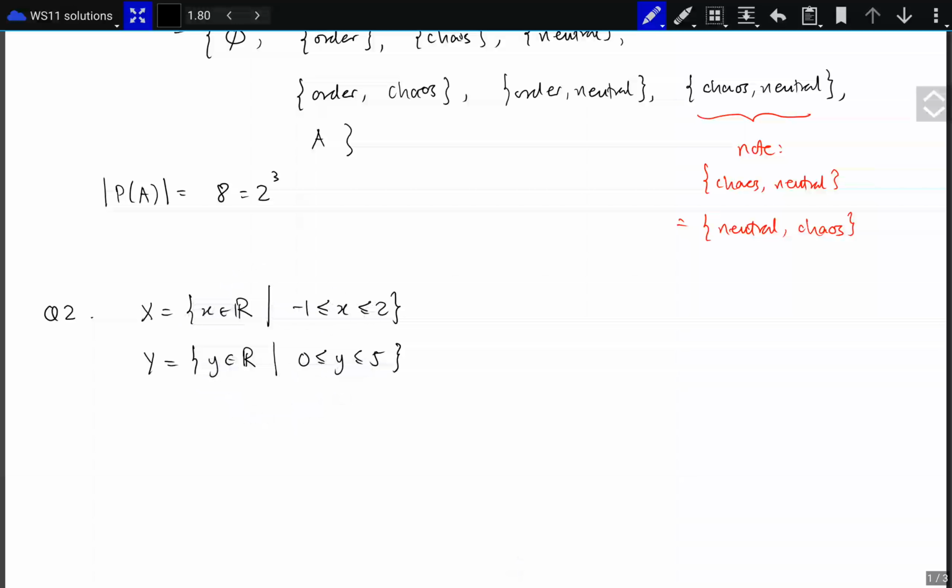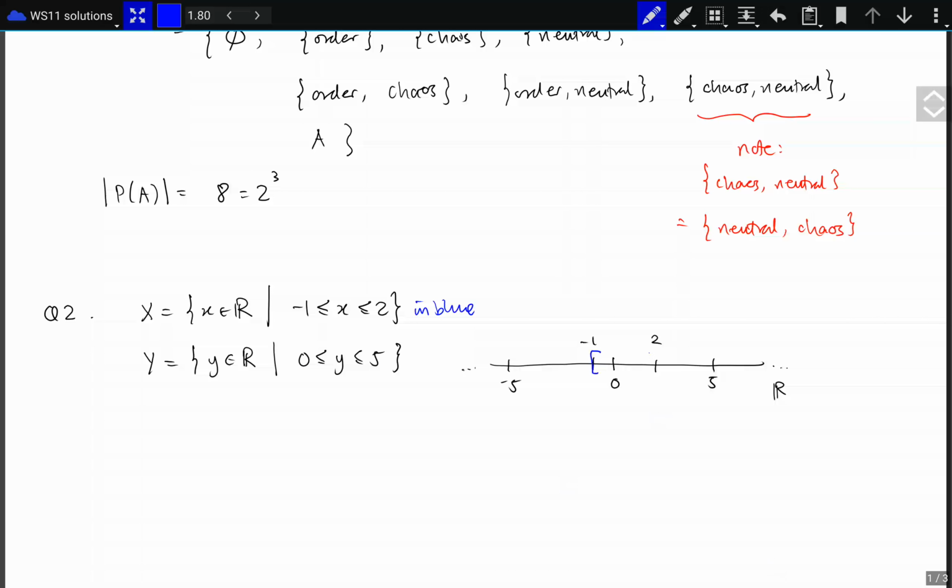If you drew a picture of the real line, remember it goes off in both directions. Say there's 0, let's say there's 5, there's -5. Then x is between -1 and 2. So x, let's say that's in blue.